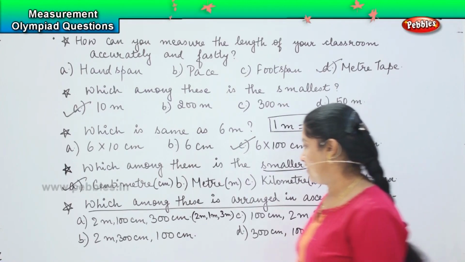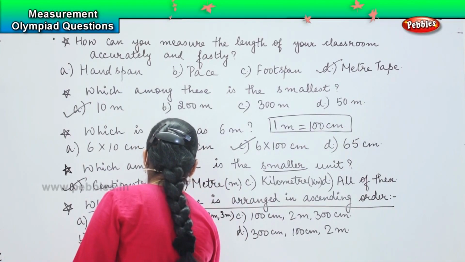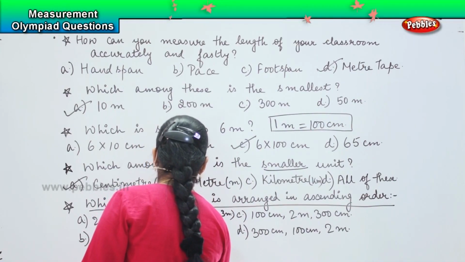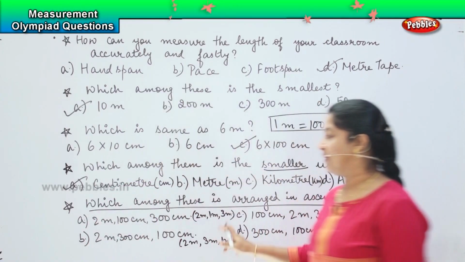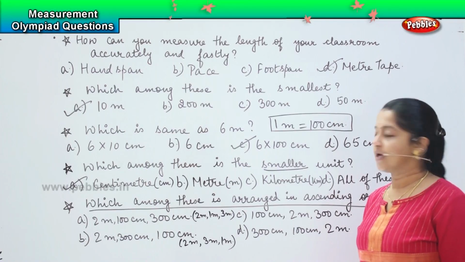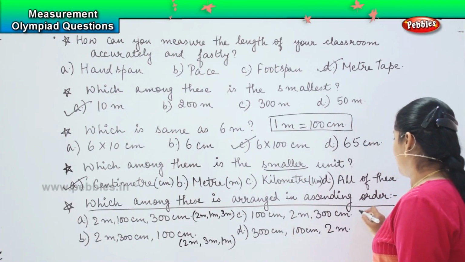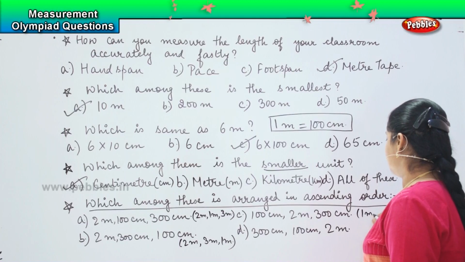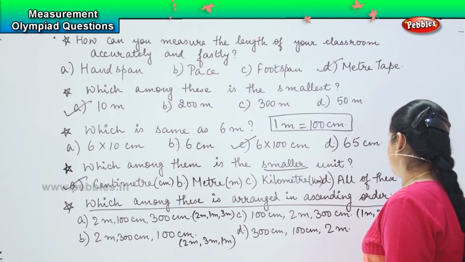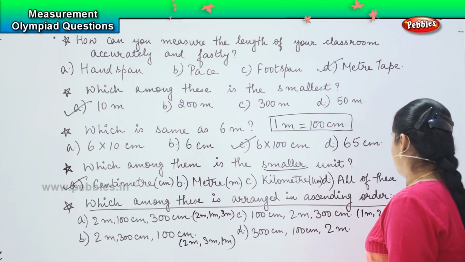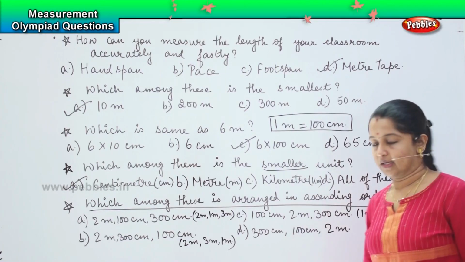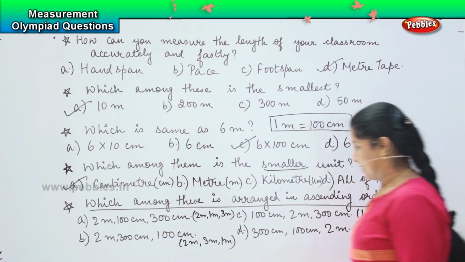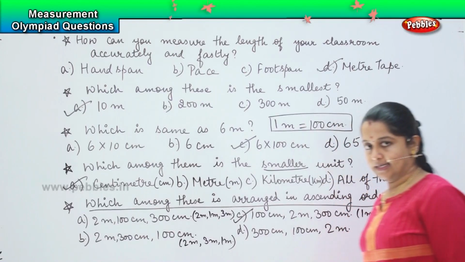Coming to the next one, it says 2 meter, 3 meter, 1 meter. So even this is not arranged in the ascending order, right? Coming to the third one, 1 meter, 2 meter, 3 meter. So 1, 2 and 3. Is this the right answer? Yes, option C is my right answer.